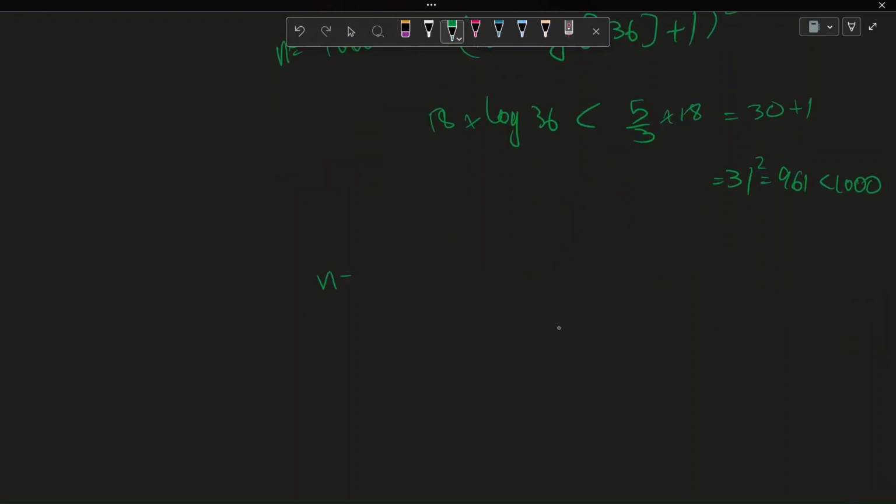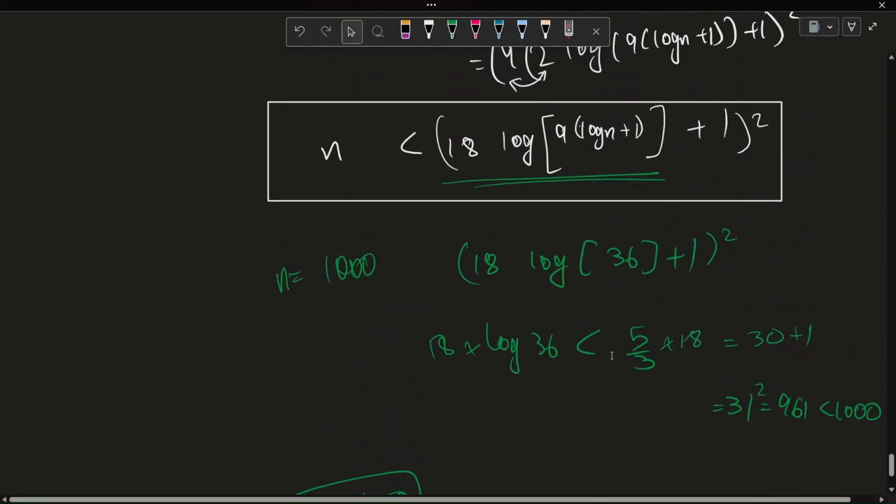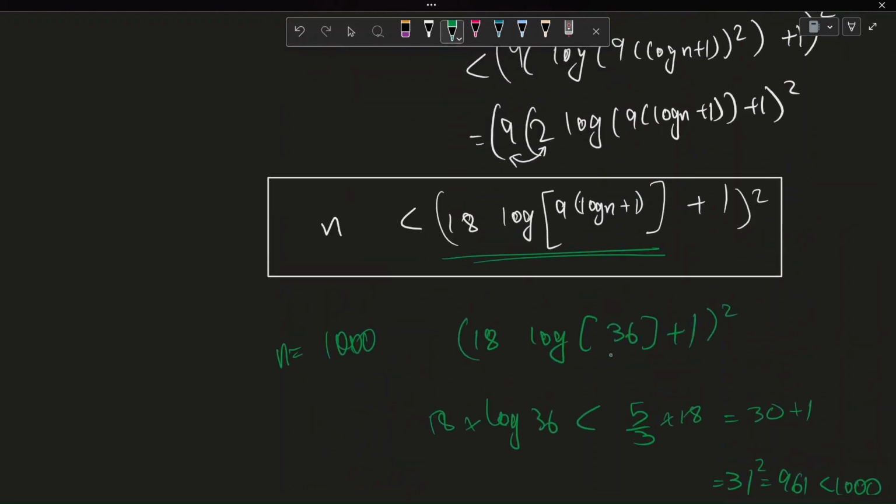So for n equal to 1000, what we get is this whole big term has reversed inequality. So n is greater than this for n equal to 1000.